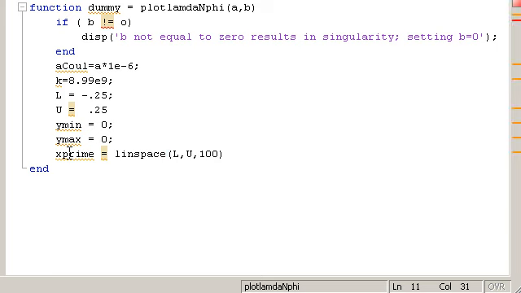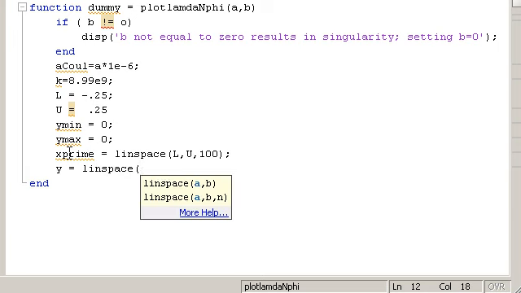I think we need 2 to get it, because it's going to be a straight line, but again, we haven't set up for in case somebody wants to change the function a little bit. Okay, and then the y values equals linspace of y min comma y max comma 100.